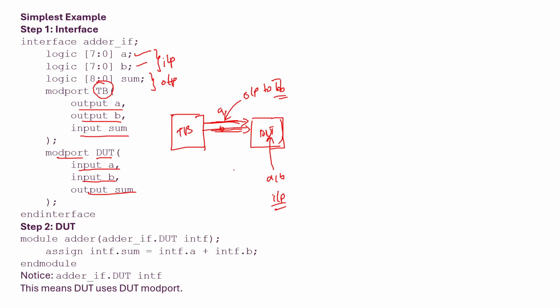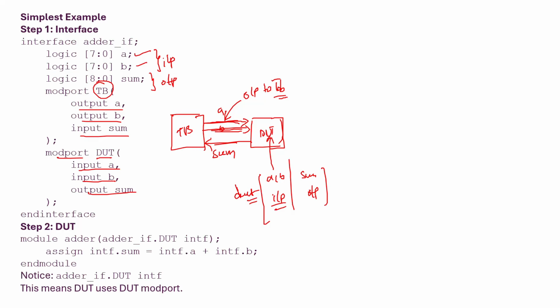And here sum is the output from the DUT. So sum is the output from the DUT. This is how all the signals are represented as modport DUT signals. And the same signal, sum, is the output from the DUT and input to the TB.